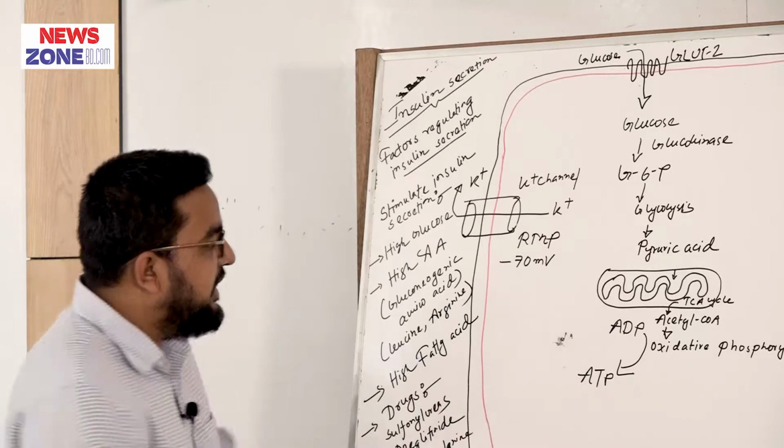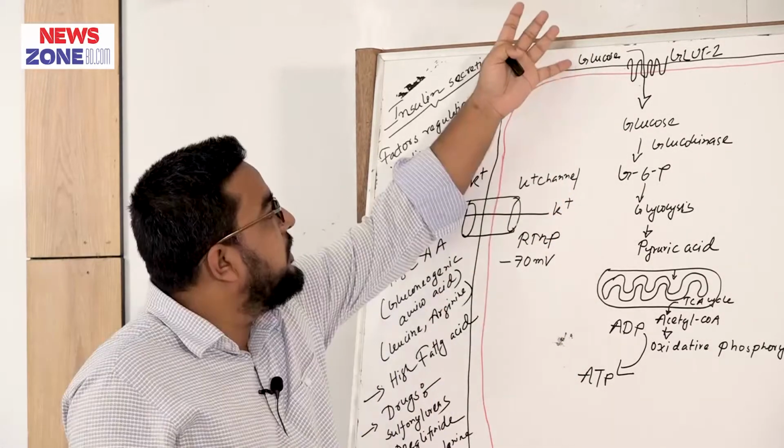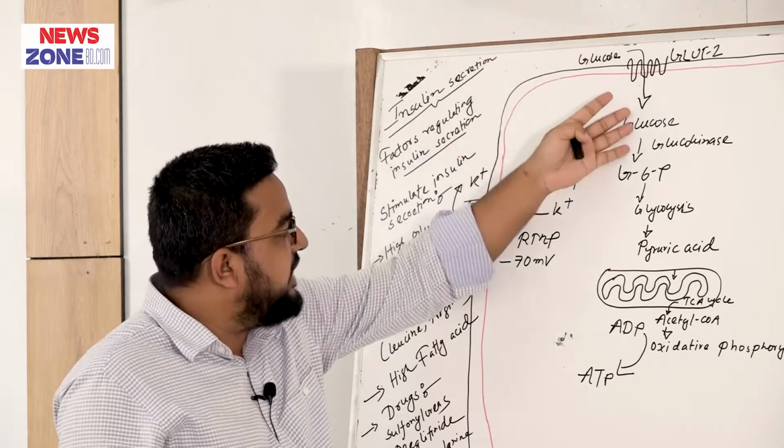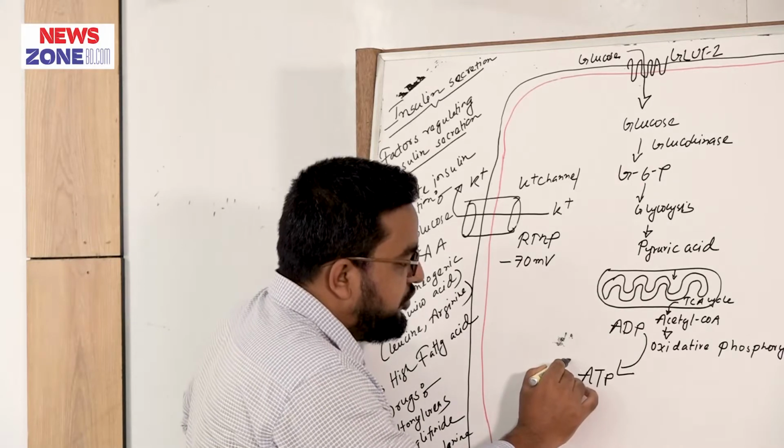When more ATP is produced, because excess glucose enters due to diabetes mellitus, excess glucose enters the pancreatic beta cell and excess ATP is produced.